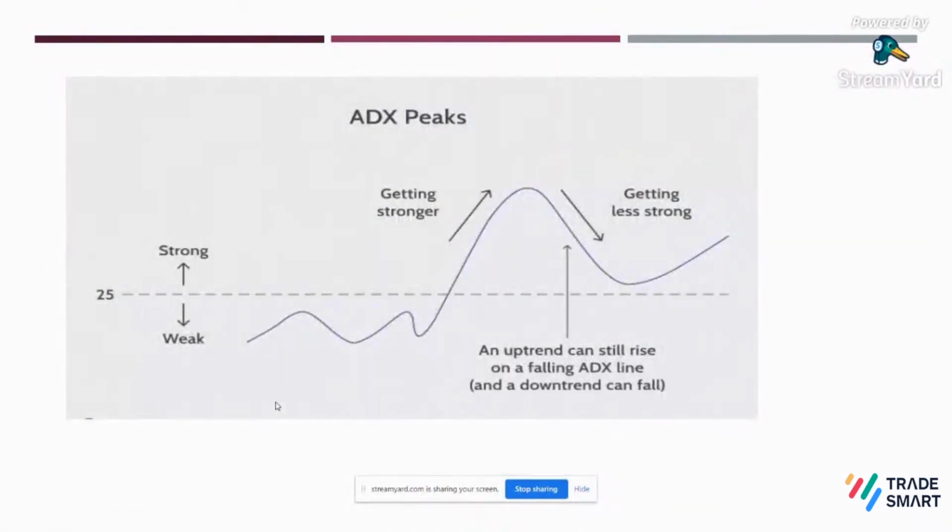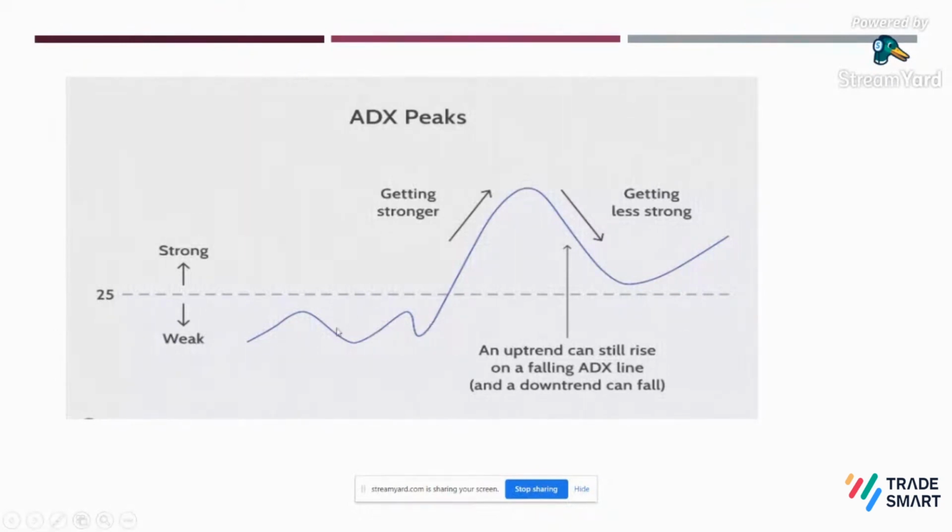There is also a little misconception in the market that a falling ADX line means the trend is reversing. As you can see, let's say this is the 25 level, and above 25 it shows a strong trend movement, and below 25 it is not showing us confirmation of any kind of trend.